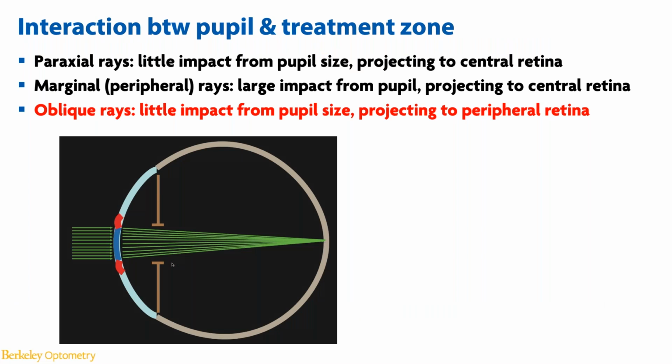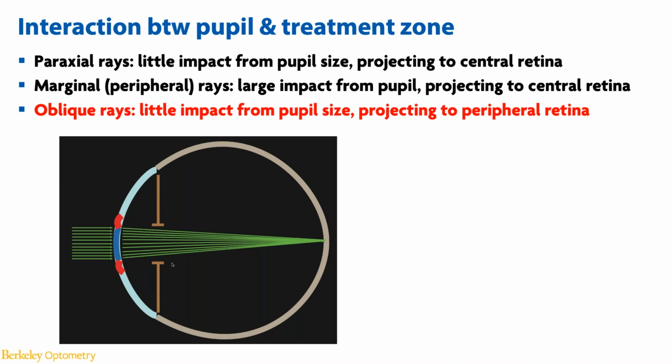A related discussion is on how the pupil size is interacting with the post-ortho-K corneal shape and why we're focusing on really pushing for a smaller OZ in the ortho-K treatment to hopefully achieve a better anti-myopia efficacy.